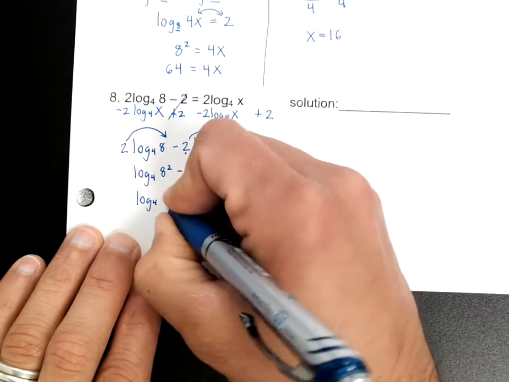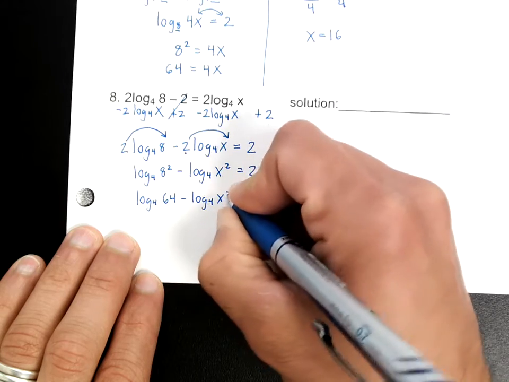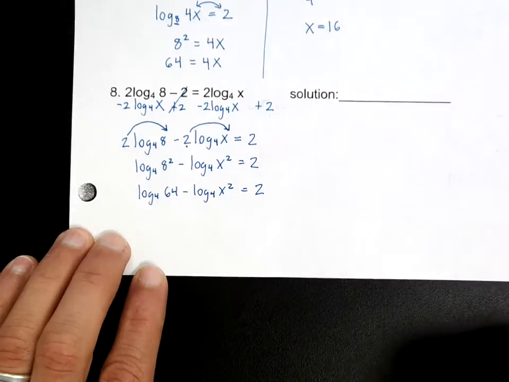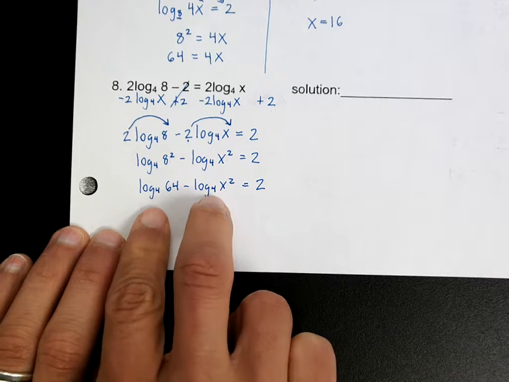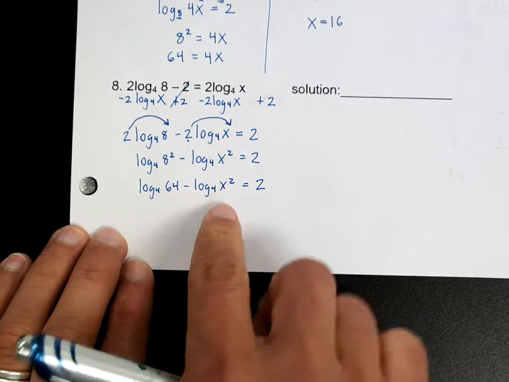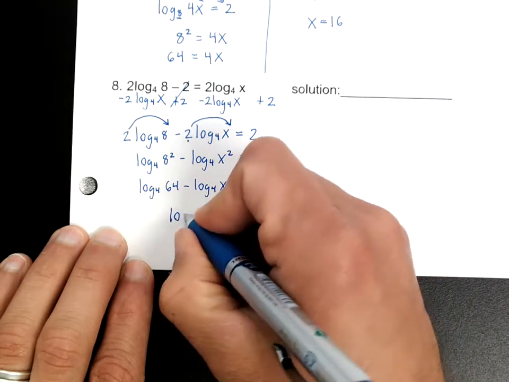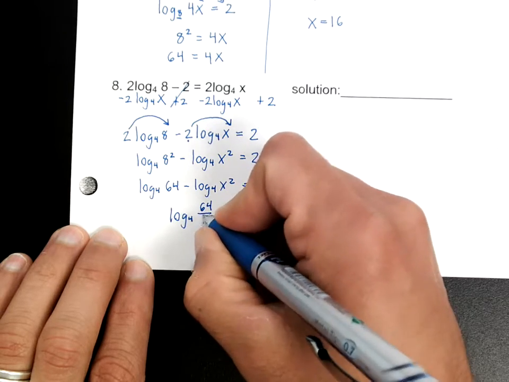So this is log base 4 of 64 minus log base 4 of x squared is equal to 2. Now I can use that rule that says if I subtract, I can divide those two quantities. So I'm going to condense this into one logarithm by doing this.